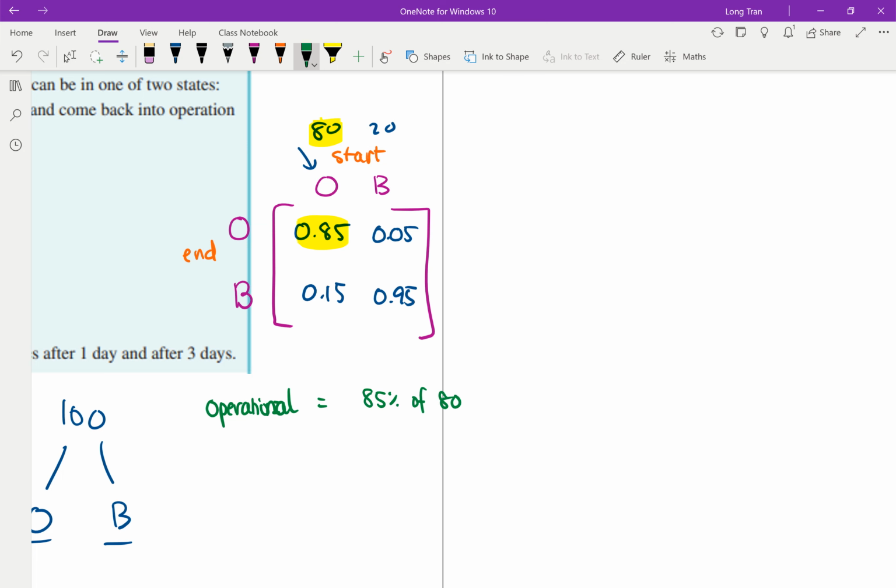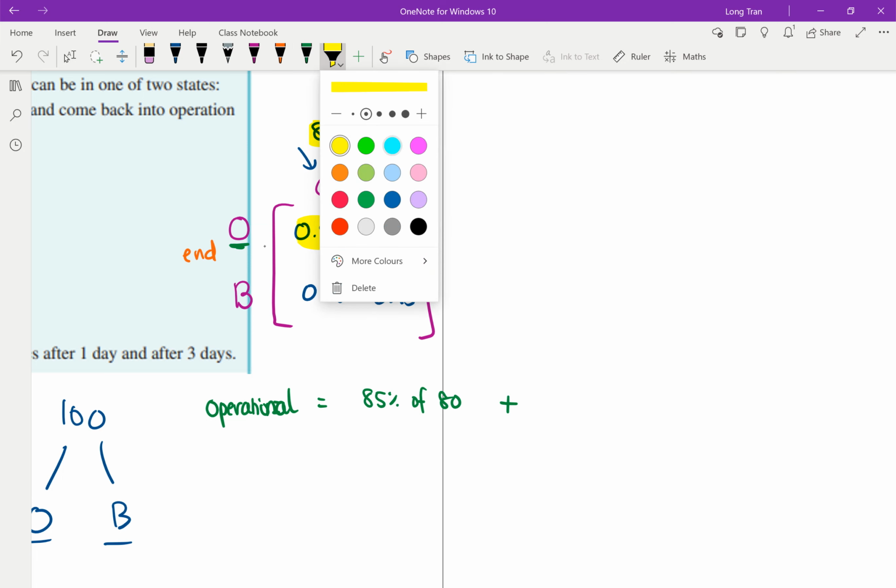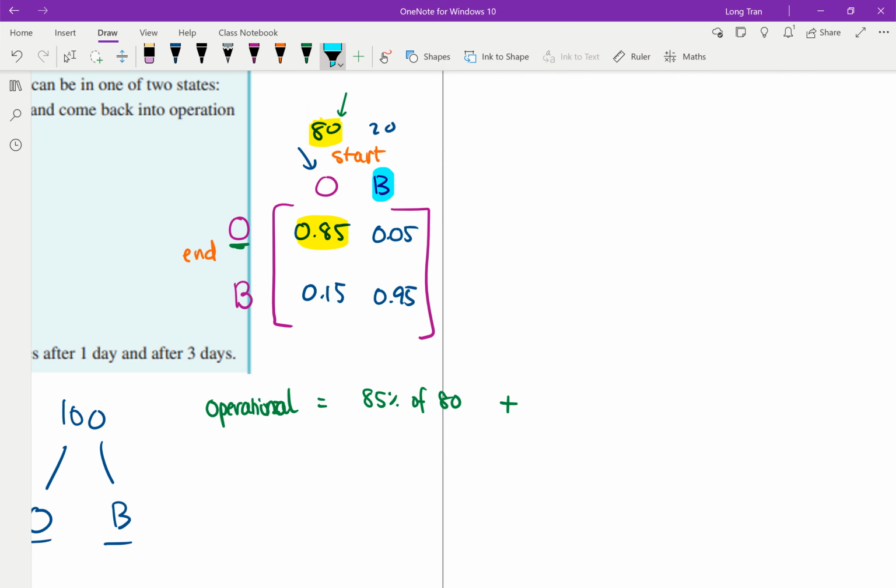That tells me how many were operational by the end of the day. At the start of the day, 80 were operational, but by the end of the day, 85% of them were still operational. But don't forget, there's also the chance that some of the broken machines became operational, and we have 5% of them.